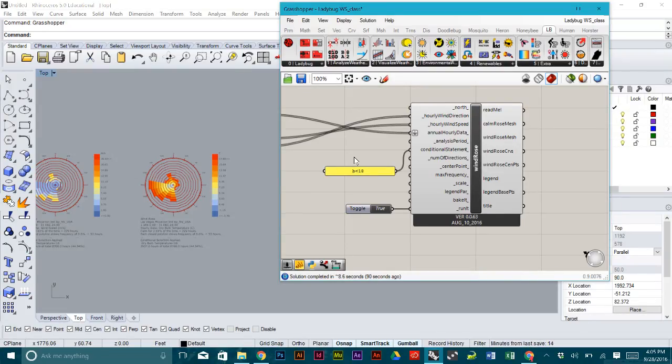The other part to do is if we are going to take the approach of using trees or vegetation to either cool the air or block it, we can use the tree characteristics to do that.